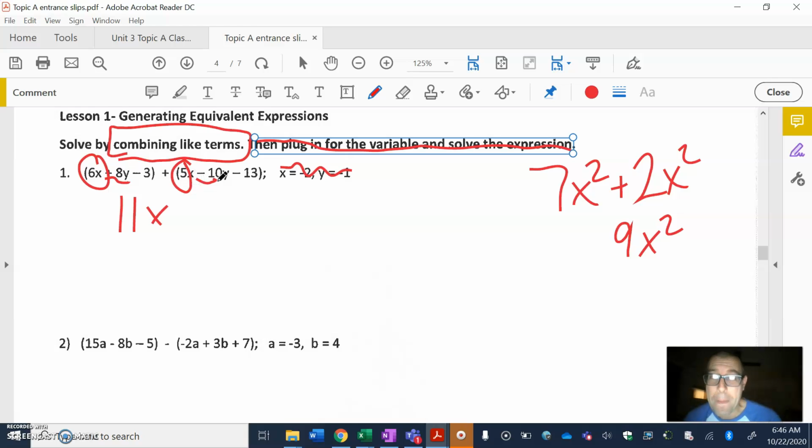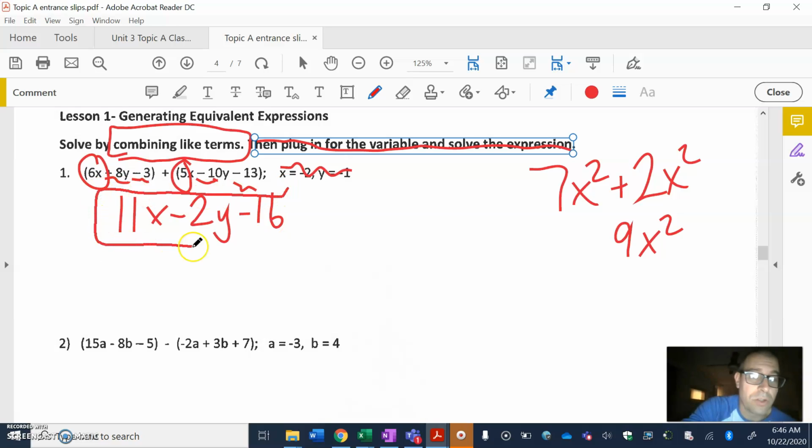Combine a positive 8y with a negative 10y, and that's a negative 2y. So we put down the minus sign, and then our 2y. And lastly, your plain old numbers: a negative 3 and a negative 13. If we combine those two, we get negative 16. There we go. We're done. Show's over. We can't combine those together again, because they have different letters, or it's a constant with no letter at all.